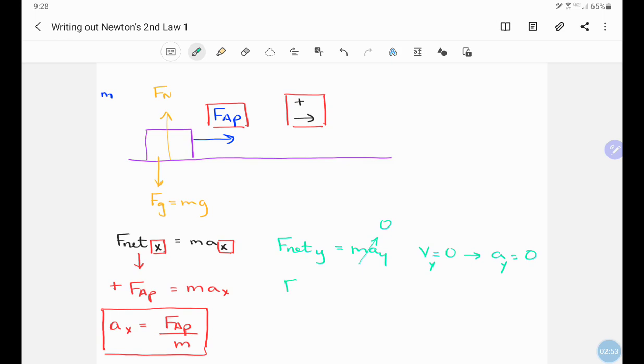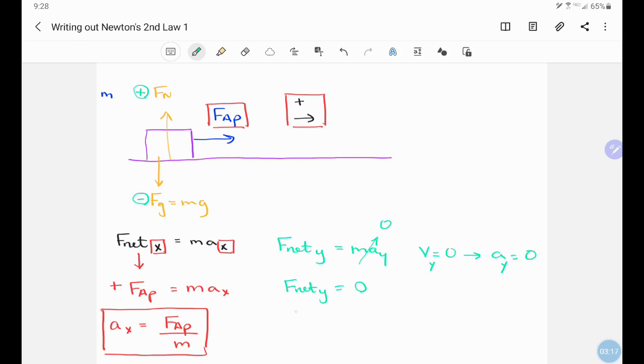So I begin with F net in the y direction is equal to 0. Based on convention that up is positive and down is negative, normal is positive. Gravity is negative. Net force means to sum the forces in a direction, and in my case it's vertical.